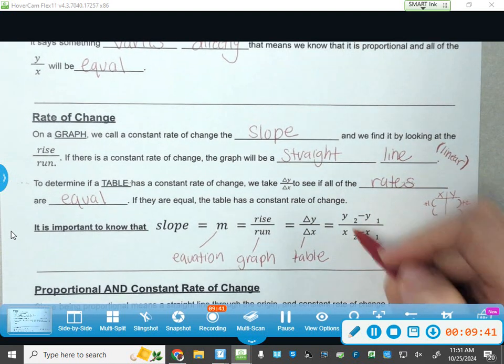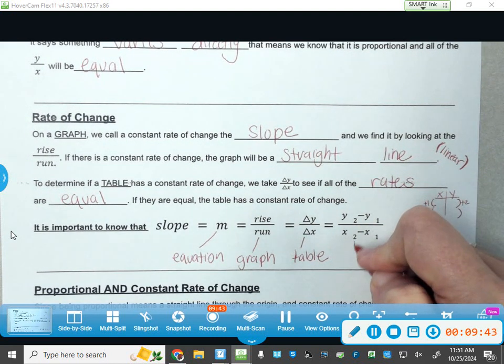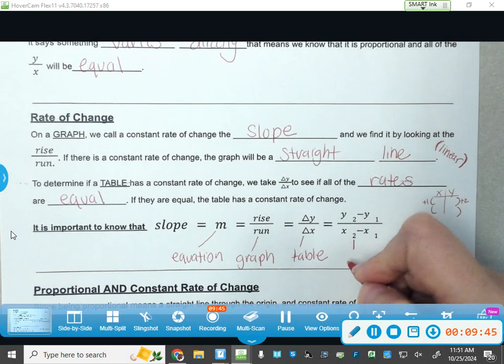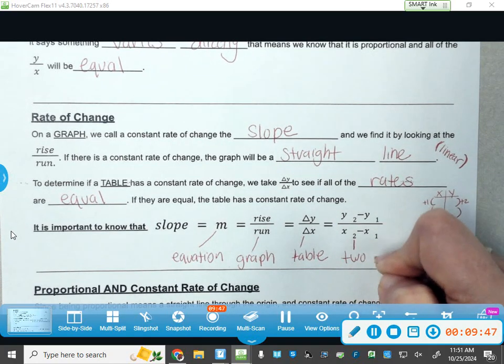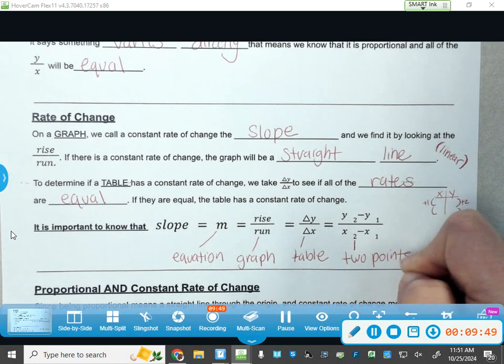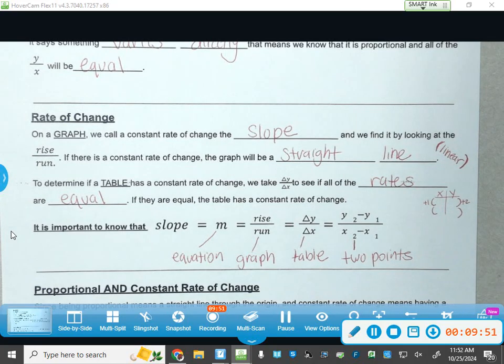And we tend to do y2 minus y1 over x2 minus x1 when we are given 2 points. So it doesn't mean that we can't use change in y over change in x for 2 points. It just means this is normally the way we think it through. Okay, because it means the same thing, it's just a little bit more specific for that type of problem.